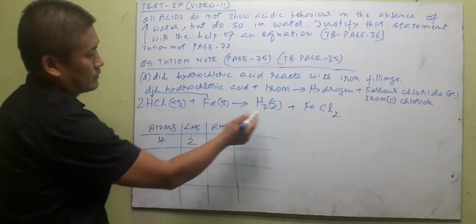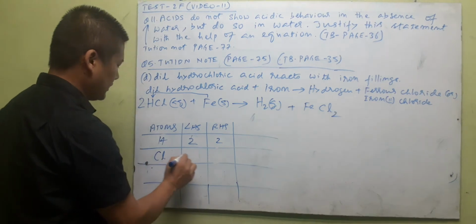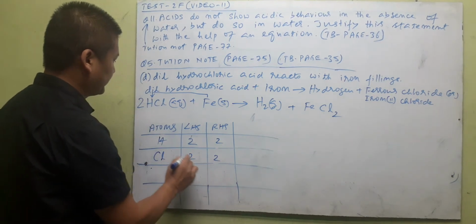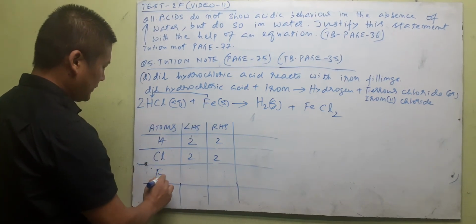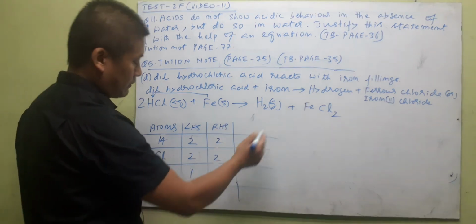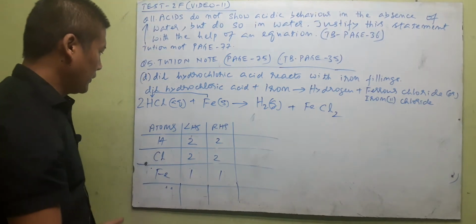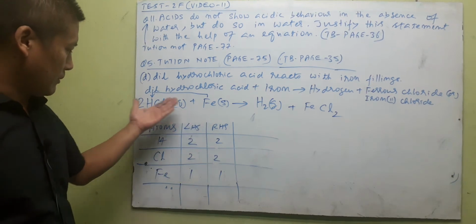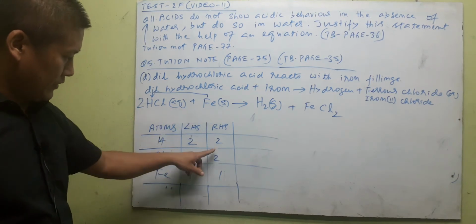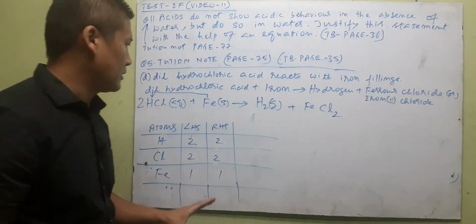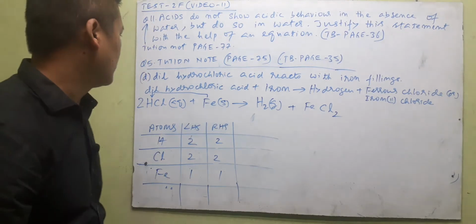Cl: right side also Cl2, so chlorine atoms, 2 on the left, 2 on the right. Next is iron, Fe: left side 1, right side also 1. No more atoms, only these 3 atoms. Left and right are all equal for each of these atoms. So the equation is balanced now, right?